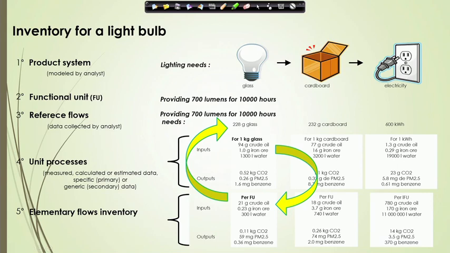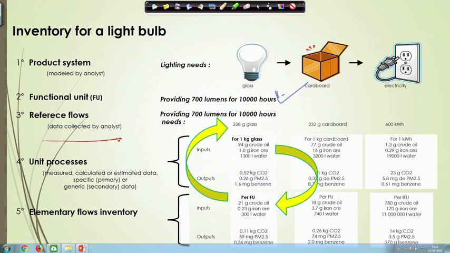Now, here we prepare the inventory of a light bulb. So, the product system is we have the bulb, we have the lighting needs, we have the functional unit providing 700 lumens for 10,000 hours. Then the reference flow. For this we need 1 bulb versus 10 bulbs, remember that.